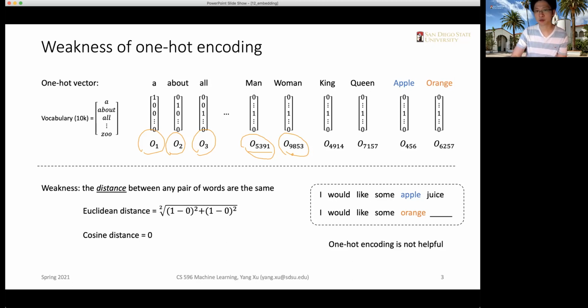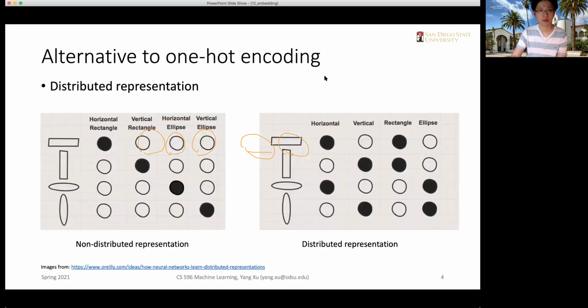So let's think about a way to overcome these shortcomings of one-hot vectors. It has long been proposed, first in cognitive science, not just in computer science, that concepts or objects can be represented with so-called distributed representation.